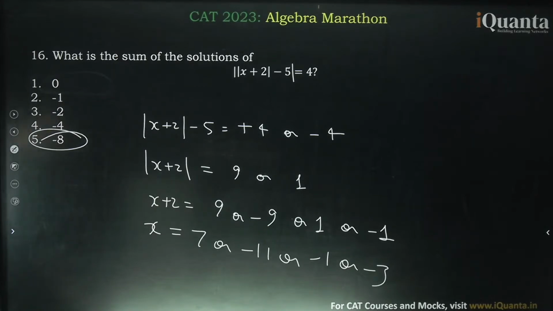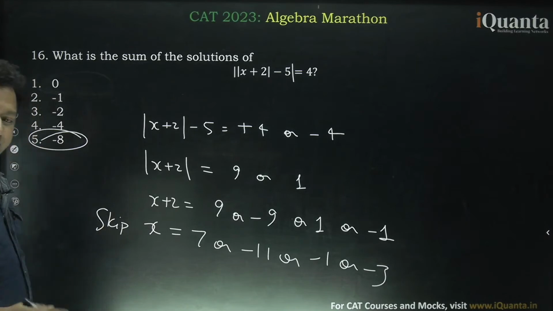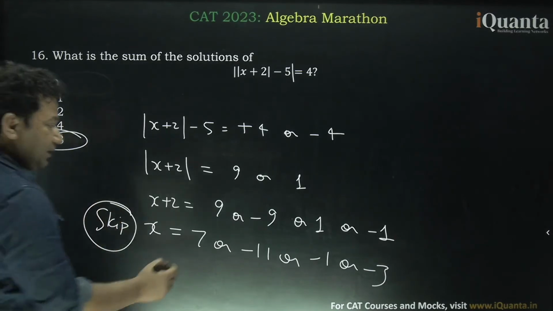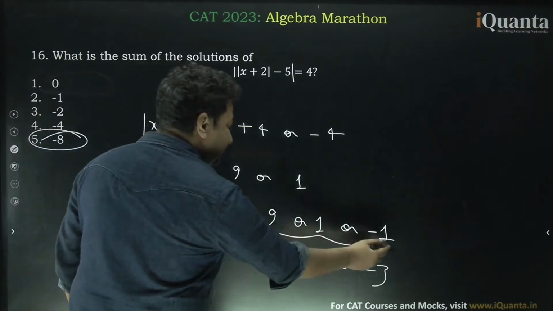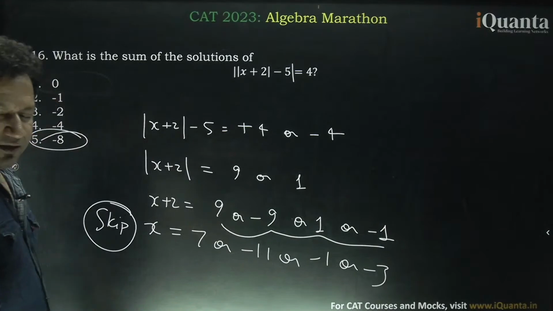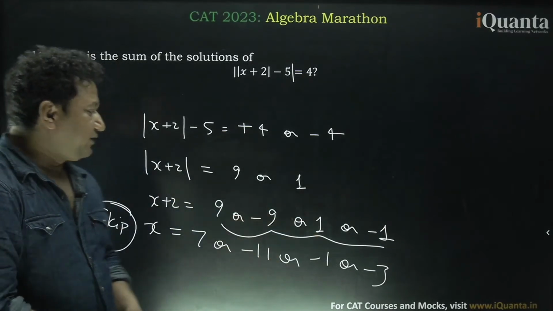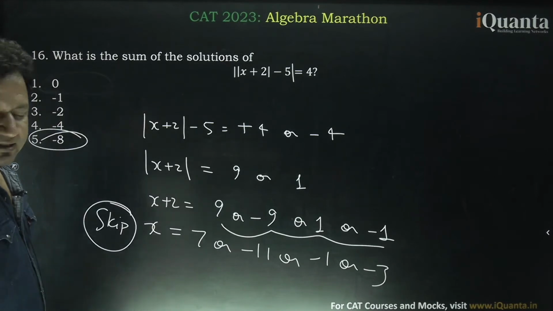Understood, everyone? By the way, we could have skipped this step. See, we can save a few seconds by skipping this step. How? Here we get to know that if I add them all, they'll be just 0 because they are just positive and negative of each other. The balancing acts, 9 and minus 9, 1 and minus 1, they will be just cancelling out each other.